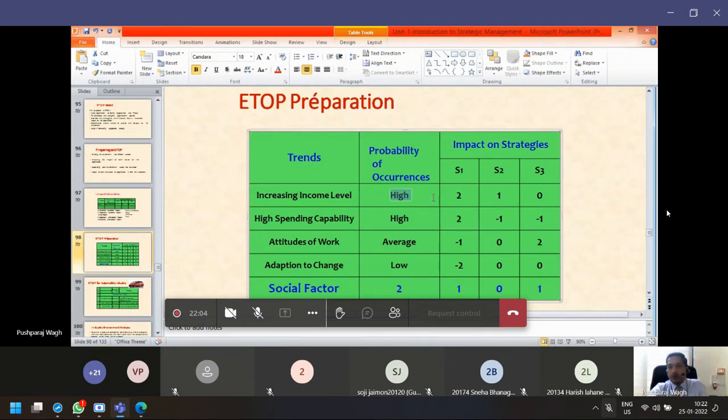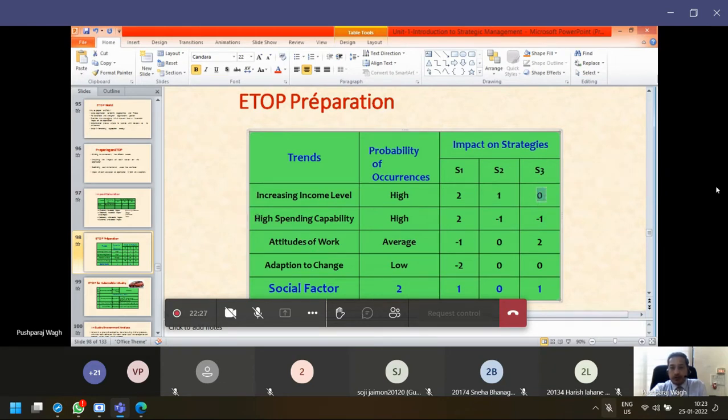It may be +1 or +2. So here for strategy 1, it is having a high impact, that is a very high extreme positive effect. So we have given 2 marks. For strategy 2, it is having a moderately positive impact. Therefore we have given 1 mark. And for strategy 3, it is having no effect. Therefore we have given 0 marks.